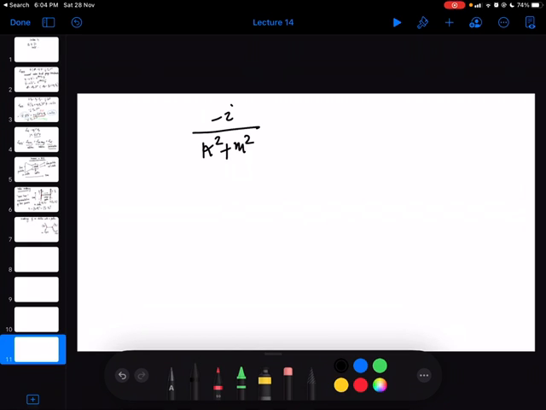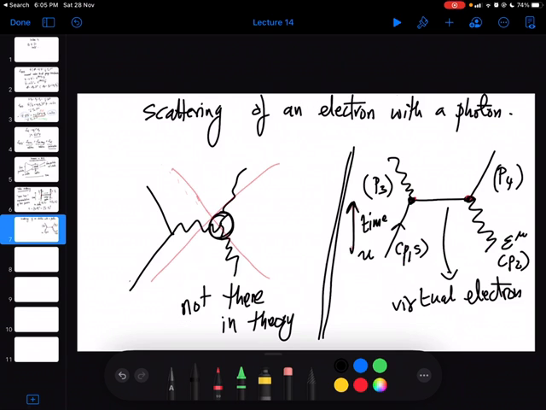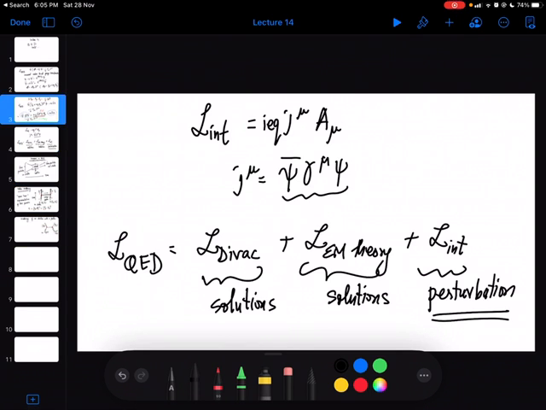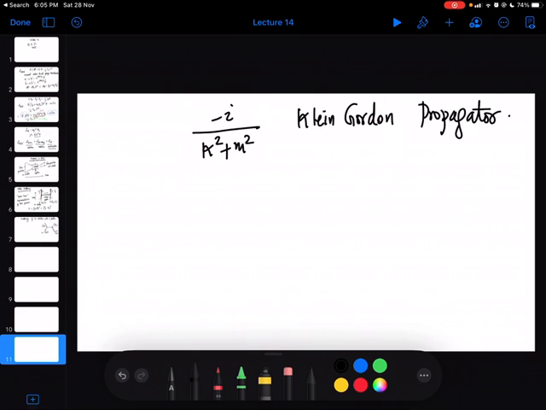Actually, it is p square plus m square plus something called an i epsilon.